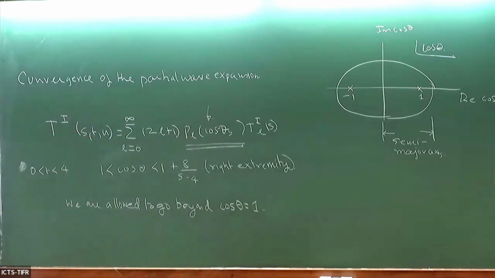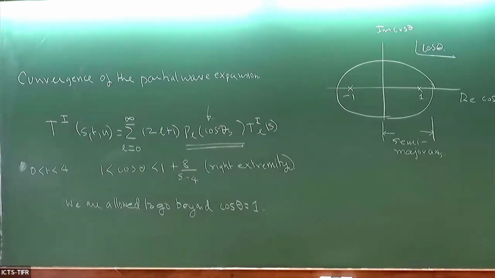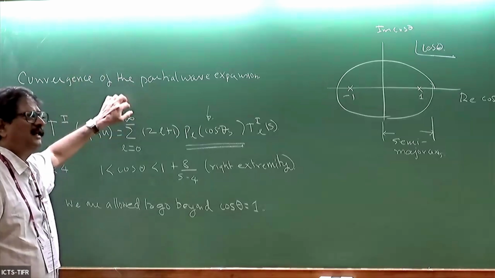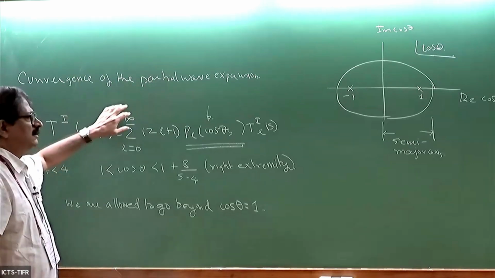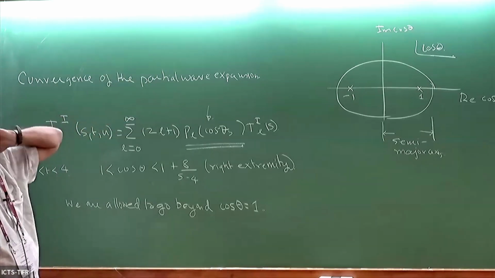So I need to say something about the behavior of this Legendre polynomial. And I just told you that our hope and expectation is that beyond a certain capital L for a certain energy, the contribution is going to be very small.